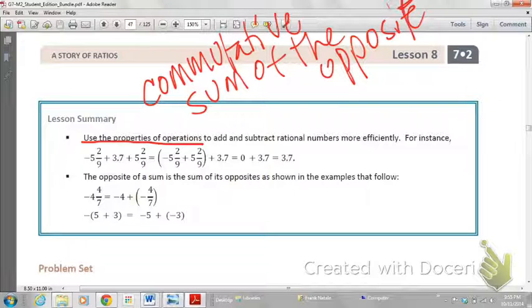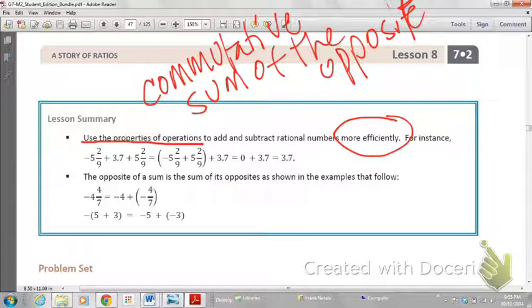Use those properties of operations, and this is the key to making it all more efficient. As you encounter more and more complex problems, these properties will help you more and more.